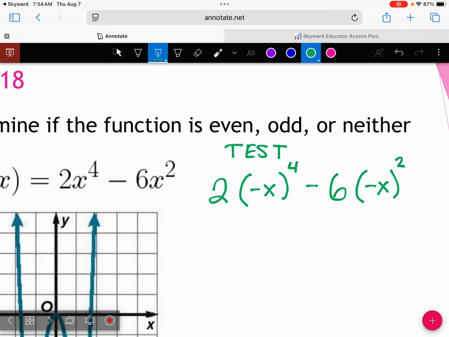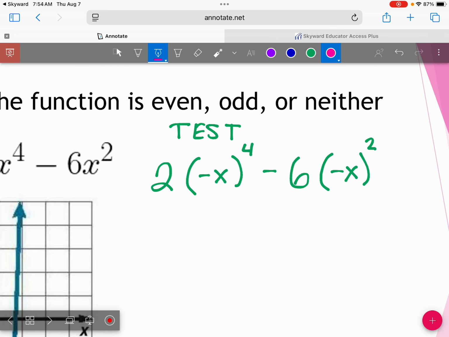Now when I take a negative number and square it, are we going to get a positive number or a negative number? Positive. A negative times a negative is always positive. So if I take minus x times minus x, we're really just getting a positive x squared. So this is the same thing as having our 6x squared.